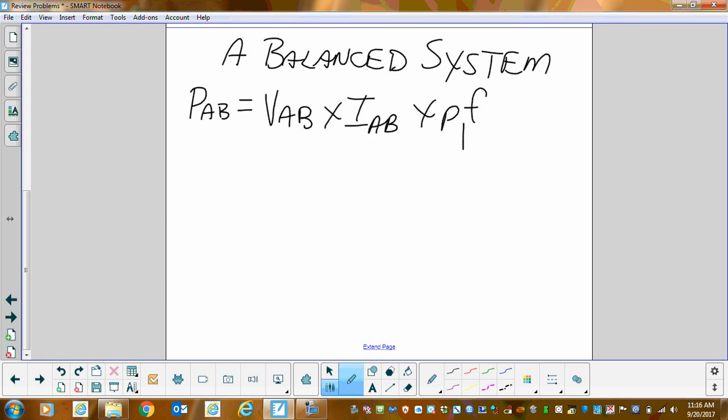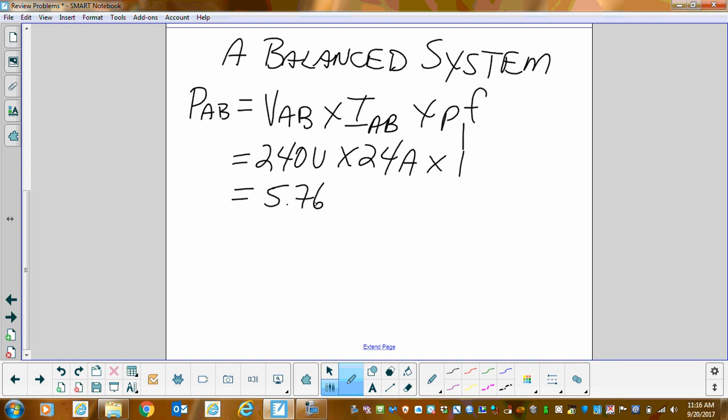I actually did that just for demonstration purposes, but let's throw in some numbers there. 240 volts times 24 amps times 1. And I came out to 5.76 kW. Now you'll notice I'm representing this in kilowatts, right? Because we are over 1,000 watts.